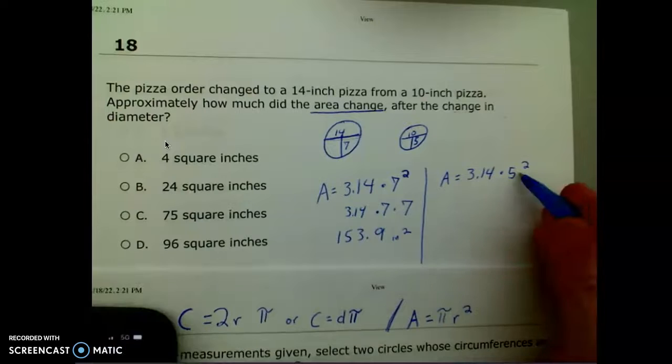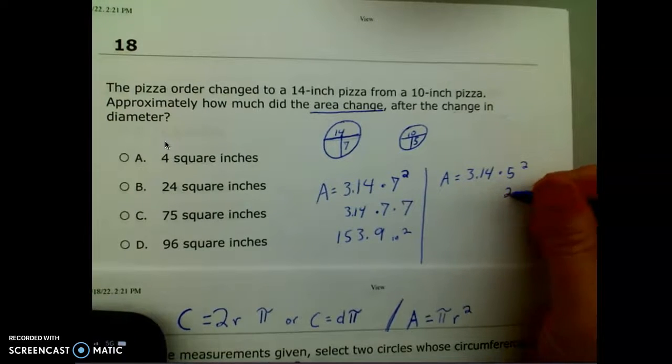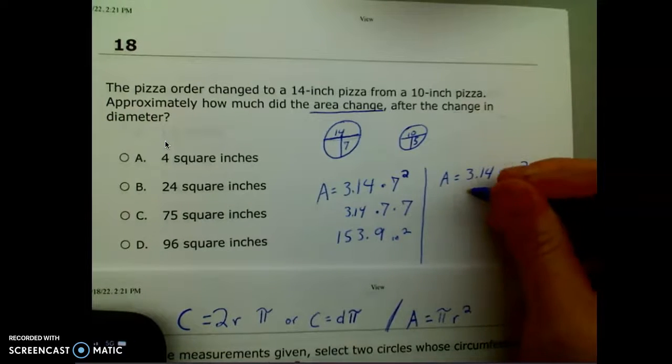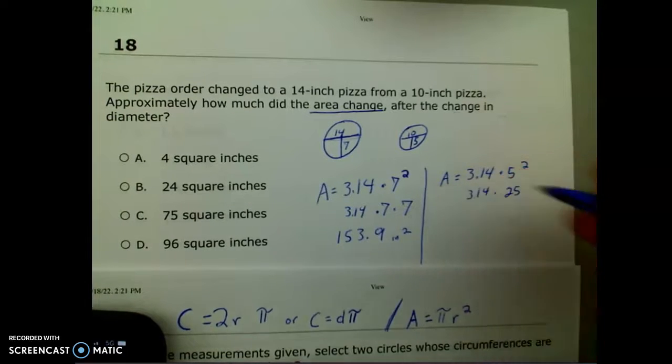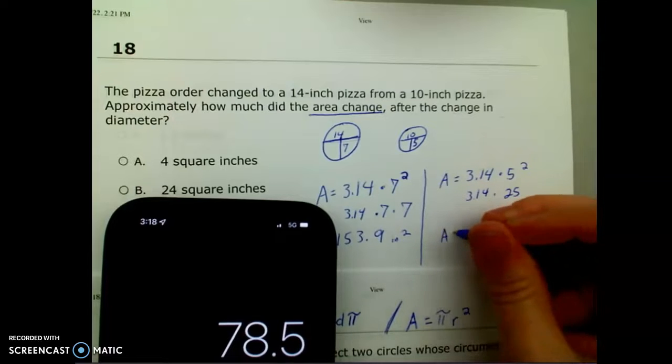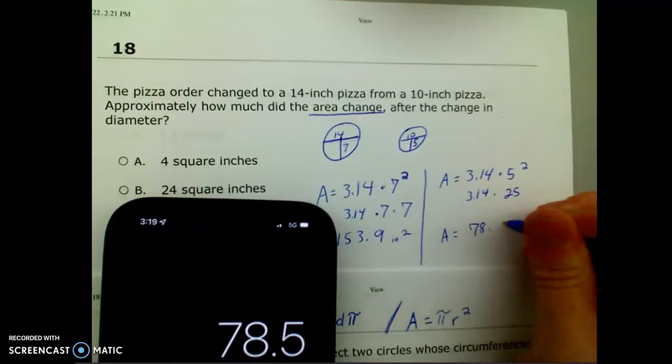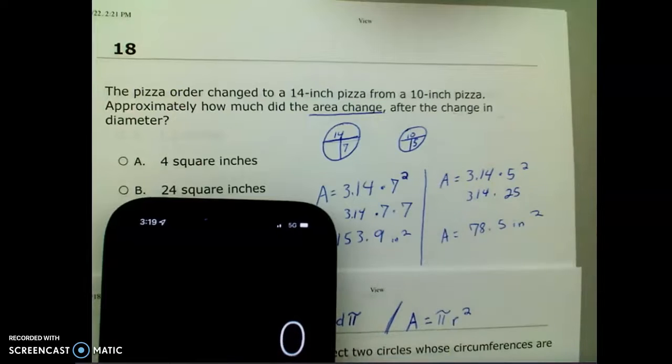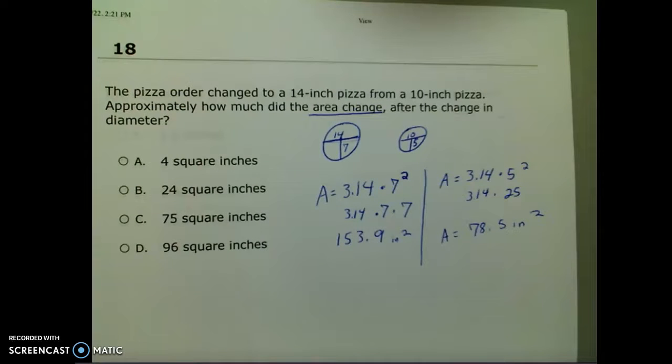All right, 5 times 5 is 25. And now I need to multiply that by pi. And I get an area of 78.5 inches squared.